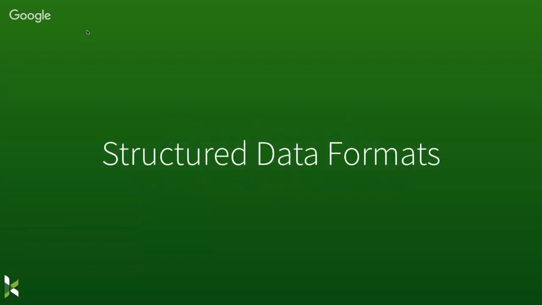So what are the formats that we use to implement structured data? When we talk about structured data, we're talking about schema, and the seminal source of schema is schema.org. For a while, there were other schema formats running around, but this is really what everything is standard.